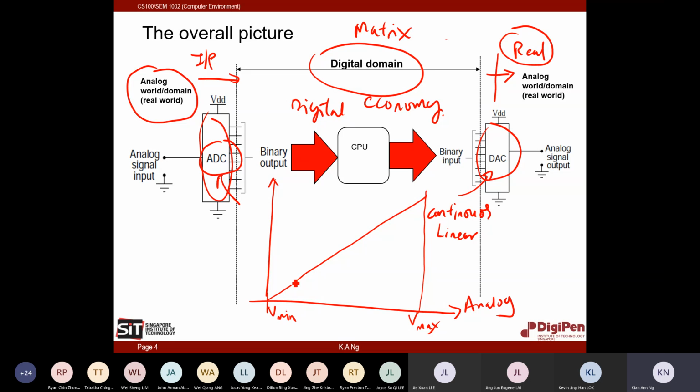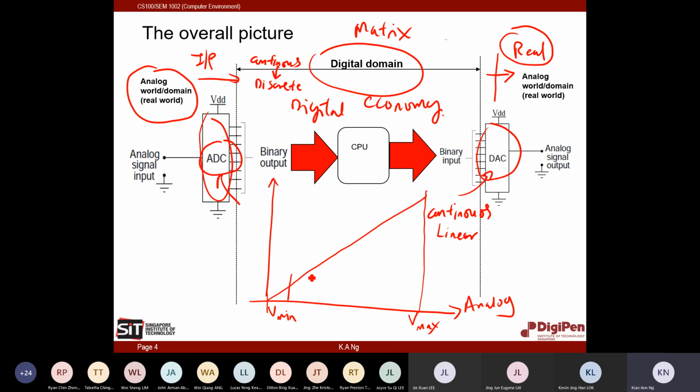Because we need to discretize, let me write it here. For A to D converters, we need to convert a continuous signal to discrete levels. I just take 3 bits as an example.